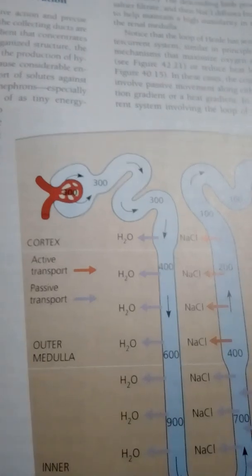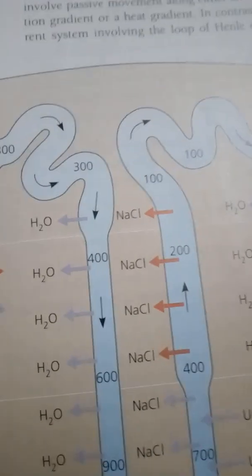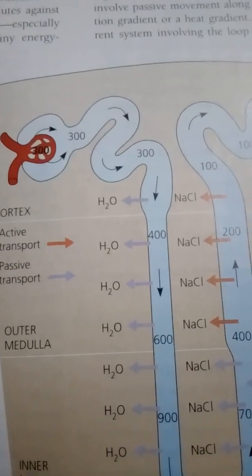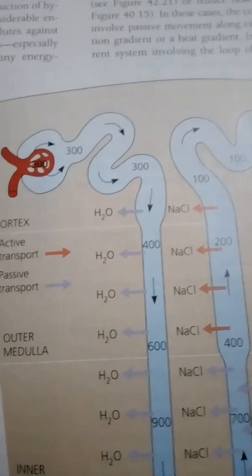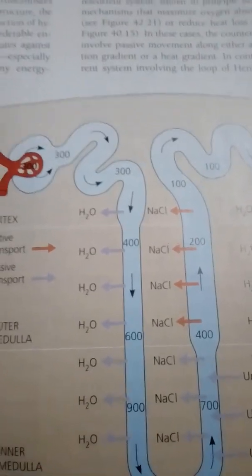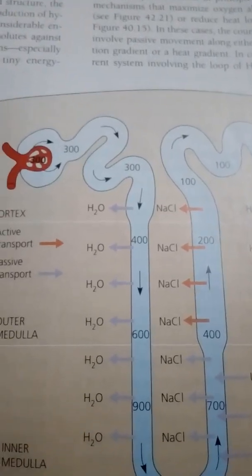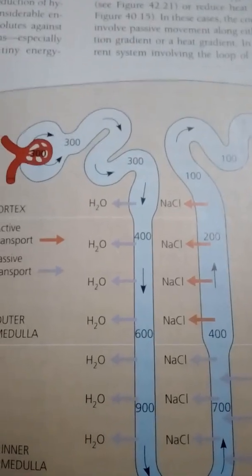4. Distal tubule. Notice that the distal tubule plays a key role in regulating the K+ and NaCl concentration of body fluids by varying the amount of K+ that is secreted into the filtrate and the amount of NaCl reabsorbed from the filtrate.